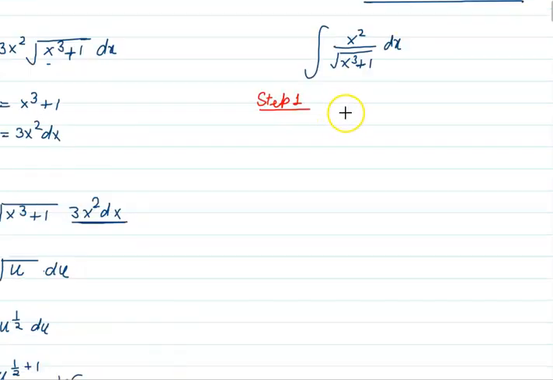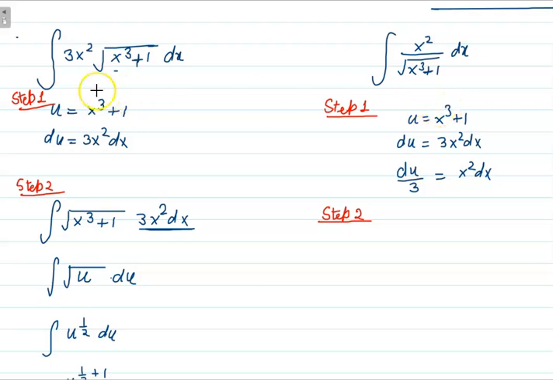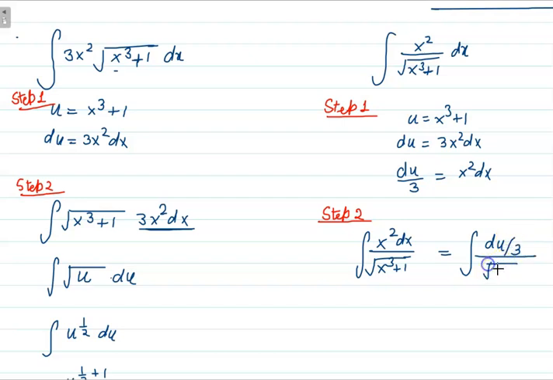For this problem, again we substitute the expression under the square root as u and then take the derivative of both sides. Here the first step was the same as the earlier one. We just isolated x square dx here as du over 3 and now we are going to rewrite the given integral in terms of u. This top expression x square dx is replaced with du over 3 and the denominator is square root of u.